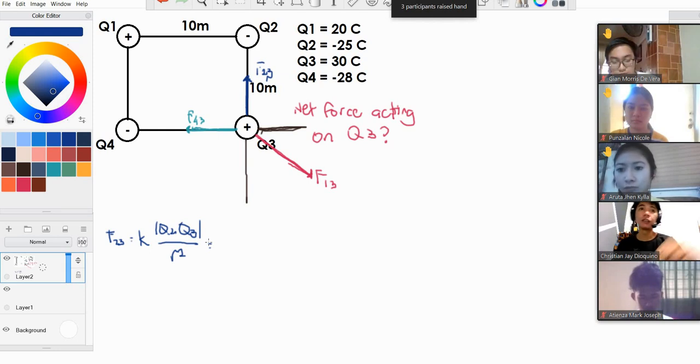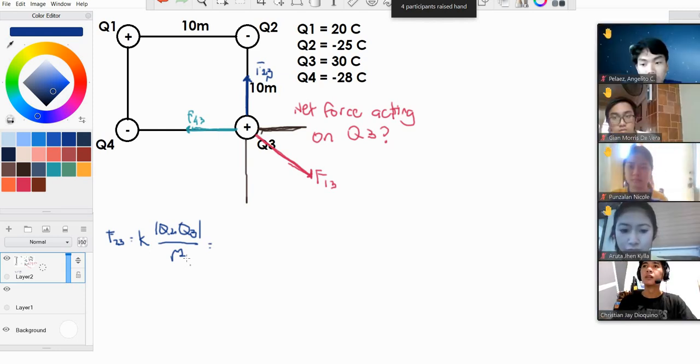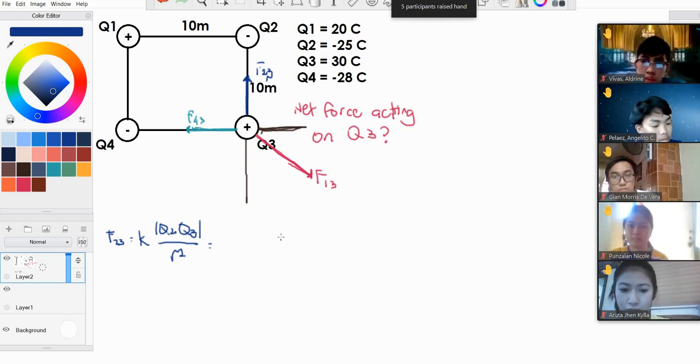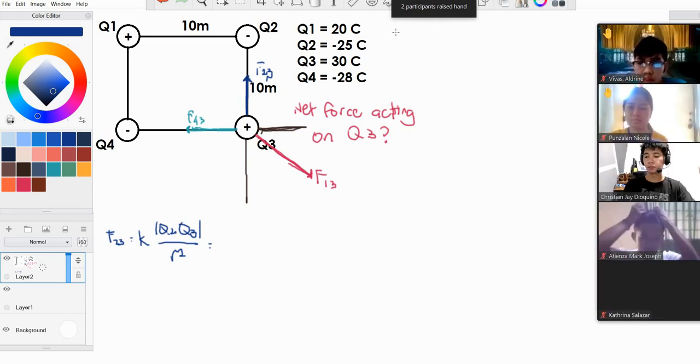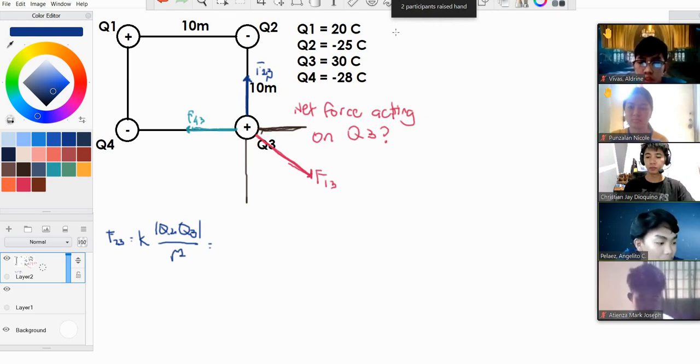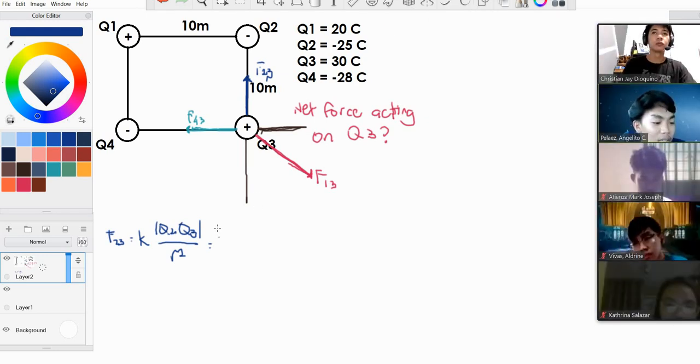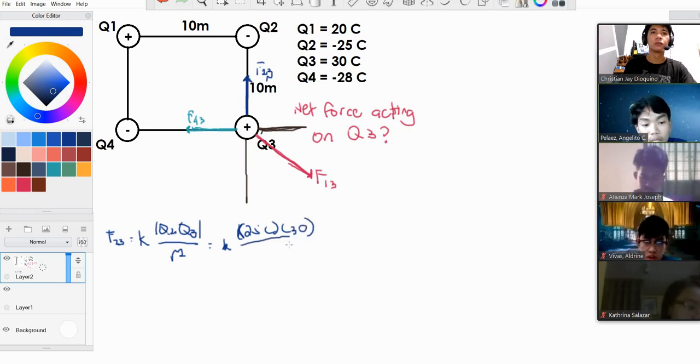Okay, so once to answer, yes, Angelito. Sure, F23 po. 25, dito 6.75 times 25 times 30 divided by 10 squared. Then, times 9 times 10 raised to 9 is 6.75 po times 10 raised to 10.